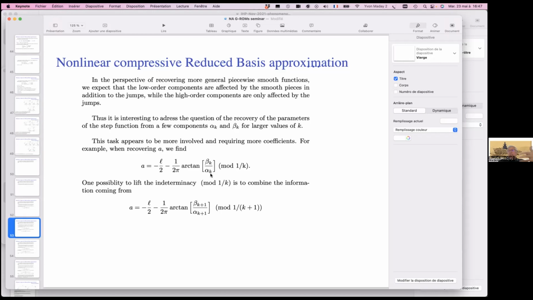This means that if we want to stabilize the mapping between A, L, B and the beta k, alpha k, we need a quite large number of these coefficients in order to reconstruct A, B, and L, and after all the coefficients. So this is what is theoretically proven.